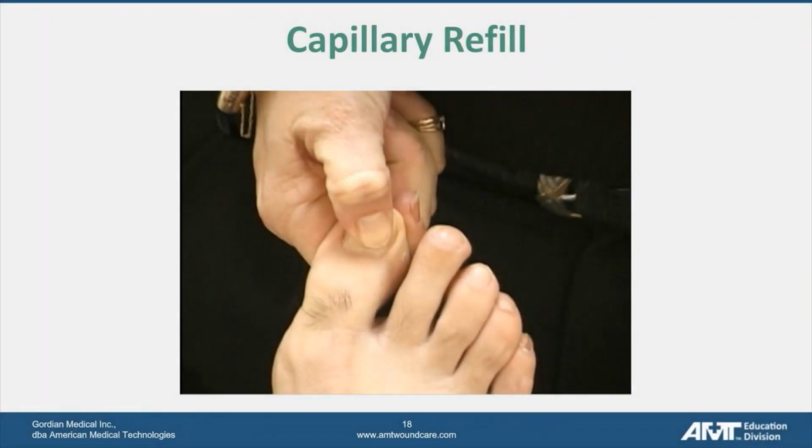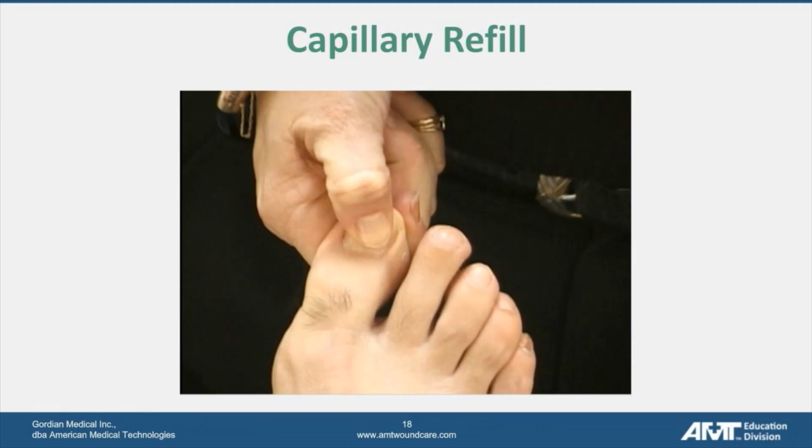Your capillary refill test can be an important and meaningful test. As you see here, this person doesn't have toenail polish. It may not be obvious, but it's a gentleman, so there's no toenail polish on here. Many of our ladies do wear toenail polish. You can also see these lovely hairy toes, which is a good indication that you probably have blood flow all the way down to the toe tips. So you're going to do your capillary refill.